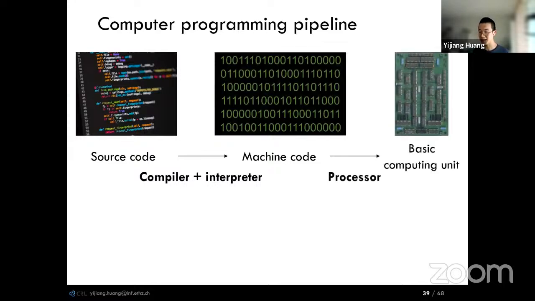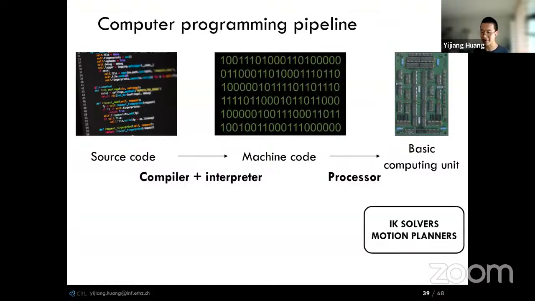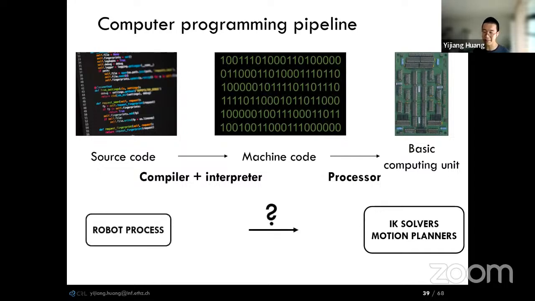And finally, the processor dispatches those instructions to basic computing units, which are specialized to do operations like adding and multiplying numbers. In our context, our basic computing units are inverse kinematic solvers and motion planners. And our goal is to build this compiler for describing the construction tasks and translating them to a format that the motion planner can operate on.